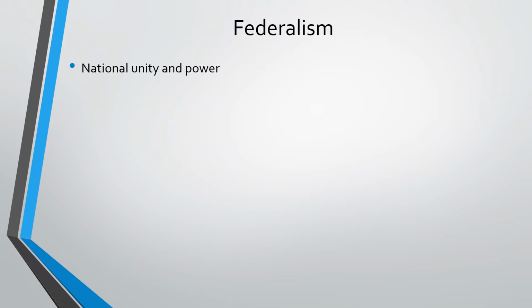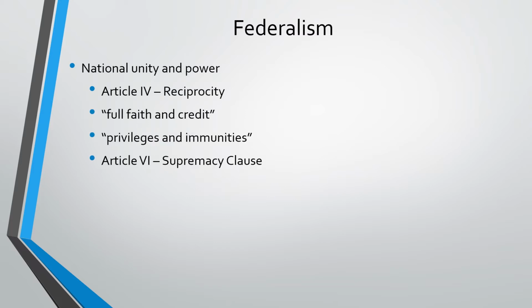It also, federalism, right, also establishes a process for how to amend the Constitution. Now, the Constitution has a total of 27 amendments. Amending the Constitution is no easy task, okay?